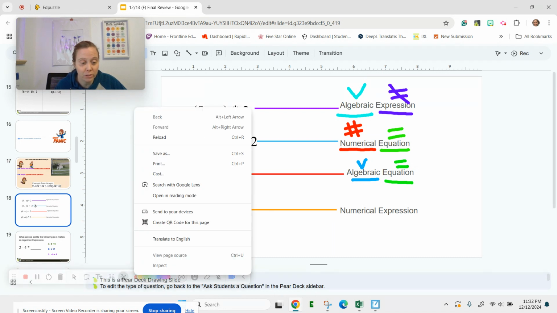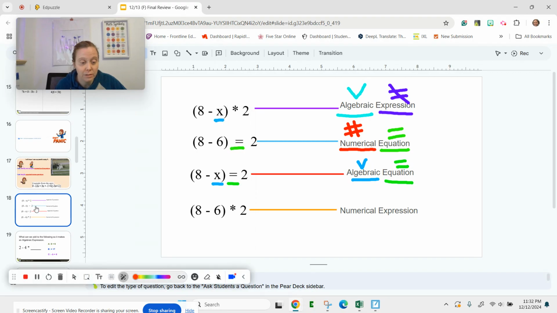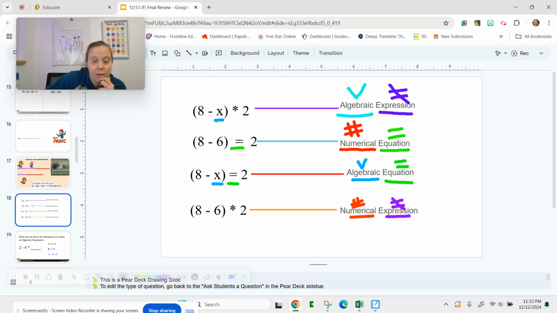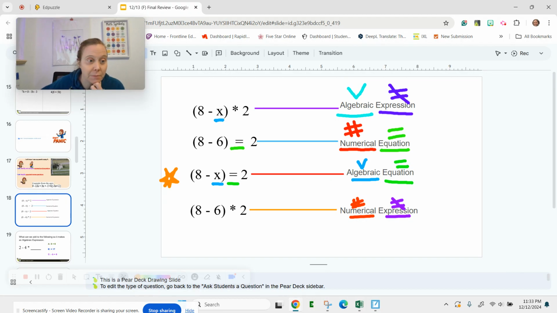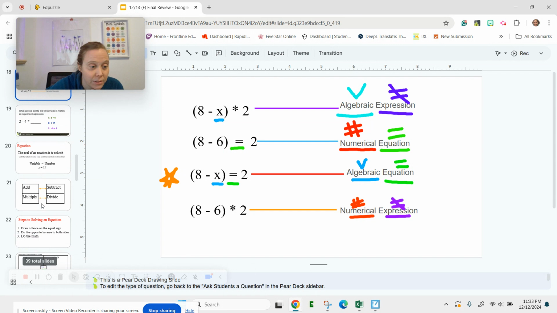So a numerical expression means numerical, it has a number in it only, and an expression meaning that it does not have an equal sign. The types of problems that we dealt with for one-step equations are algebraic equations. Okay, so those are the type that we're going to be focusing on when we're solving one-step equations.